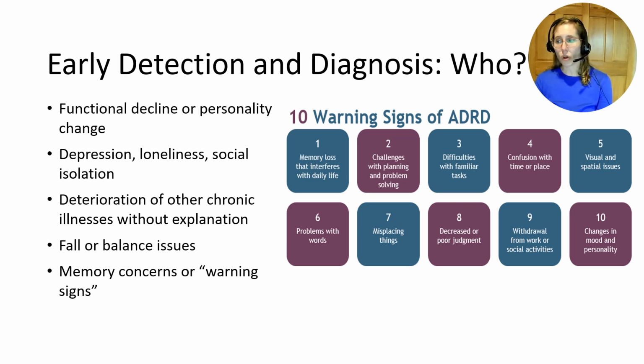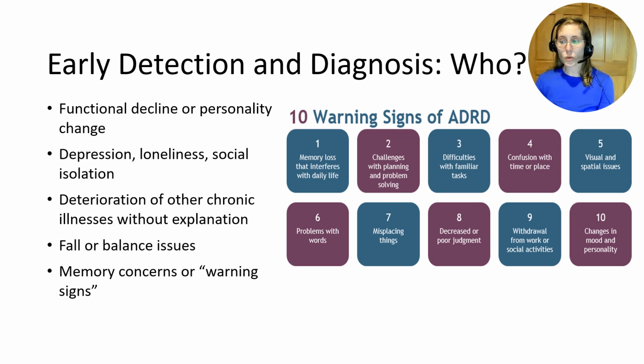For example, if someone has experienced a functional decline or a new personality change, or if an older adult is being evaluated for depression, loneliness or social isolation, then you should also incorporate some questions about new memory issues. Or if there's been any new deterioration of another chronic illness without clear explanation, or if there's a new fall or any new balance concerns.